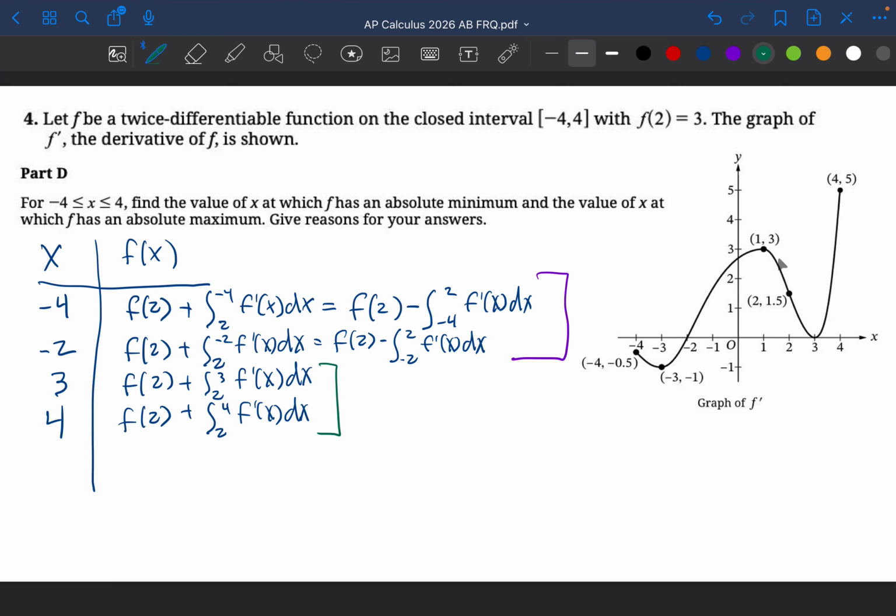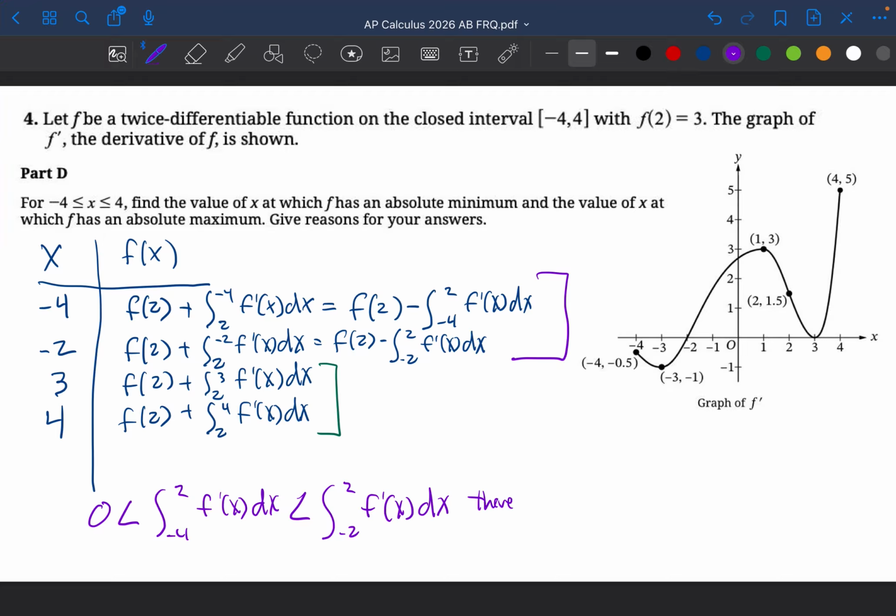But if I go from -2 to 2, that's going to be even more positive because we're not including this negative area here. So what I'm going to say down here is, let's use the right color: 0 is less than the integral from -4 to 2 of f prime of x dx, which is less than the integral from -2 to 2 of f prime of x dx.